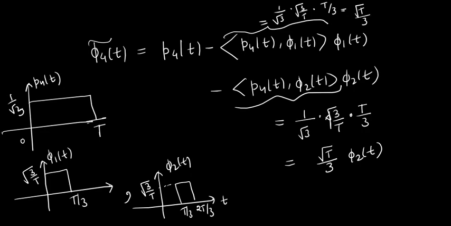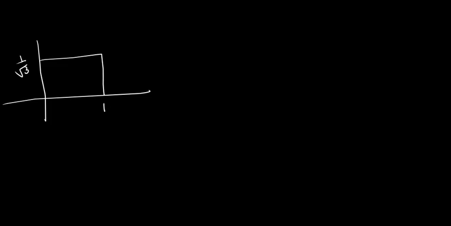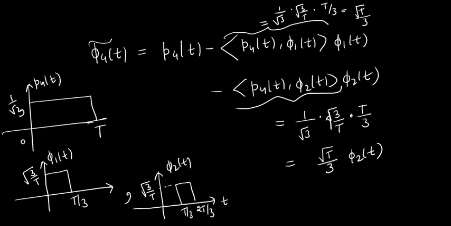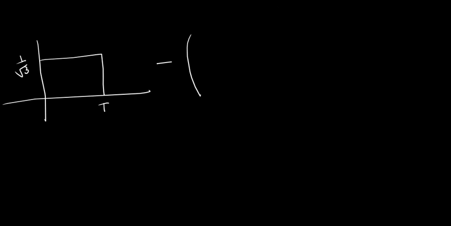Root t by 3, yes. So what I am getting here, the P4T is still the same. Please do it, you will know. Now this is your first term, you have to multiply. This is your first term, right? Root 3 by 3 root t divided by 3 phi 1 t. So this is 1 over square root of 3.